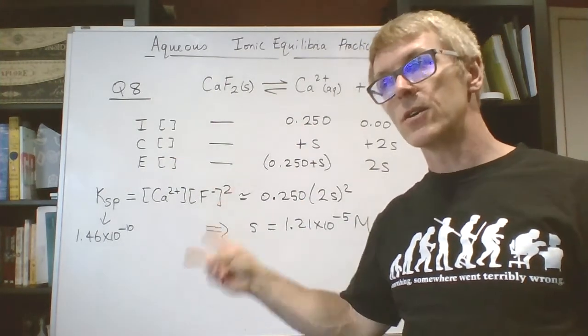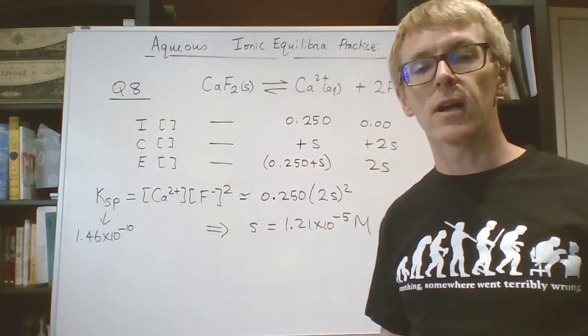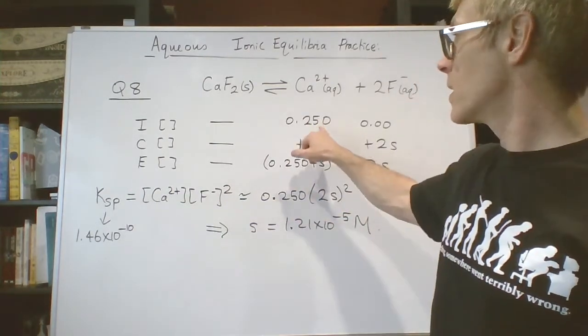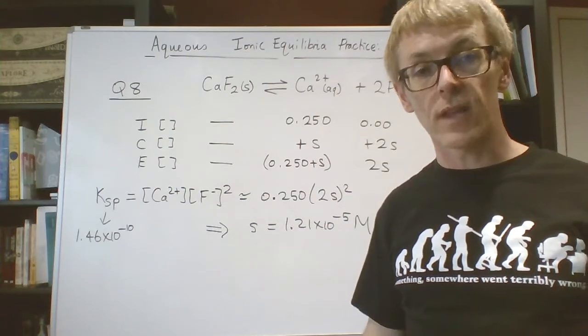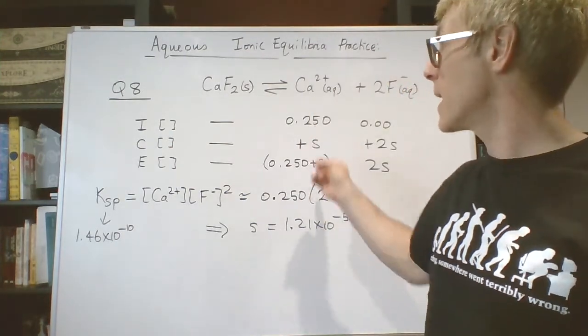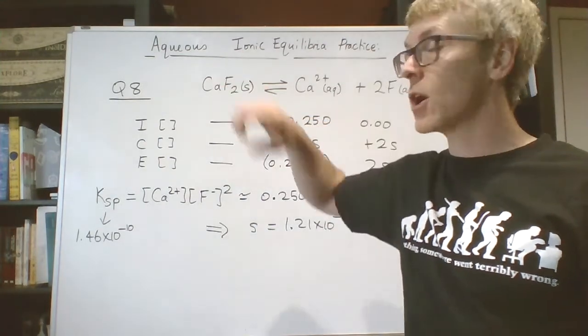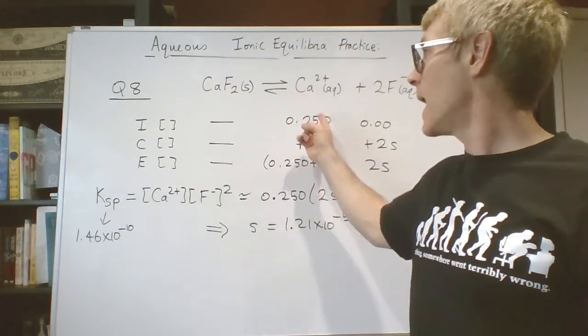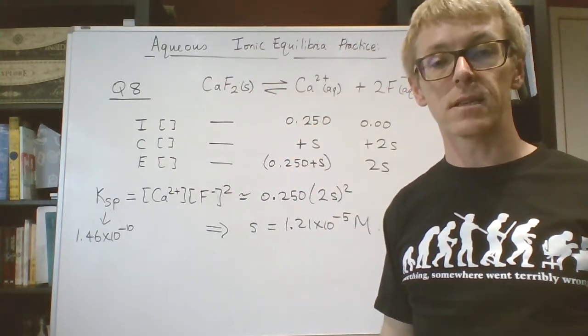Or you could do both of those things for a common ion type problem, where initially you have something dissolved anyway, and you're just adding an insoluble product with a common ion. In this case, I had a common amount of calcium added to an initial concentration of calcium.